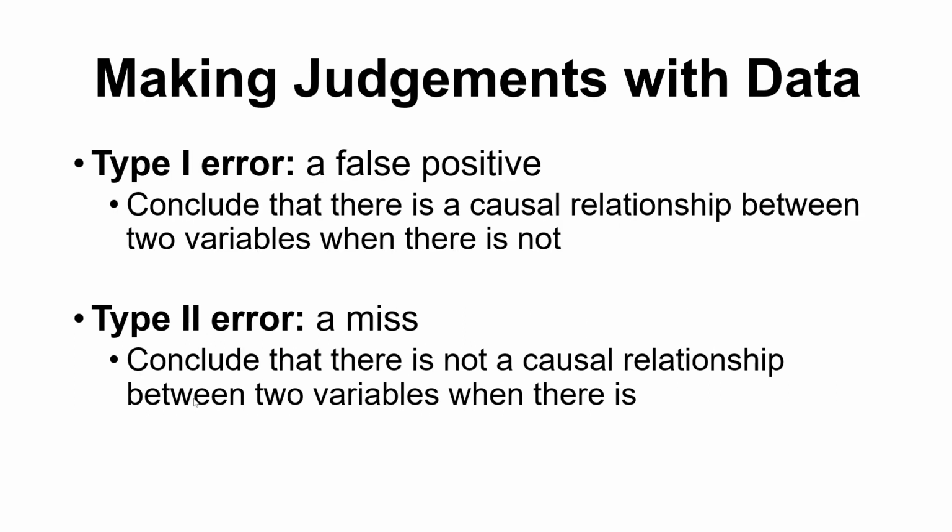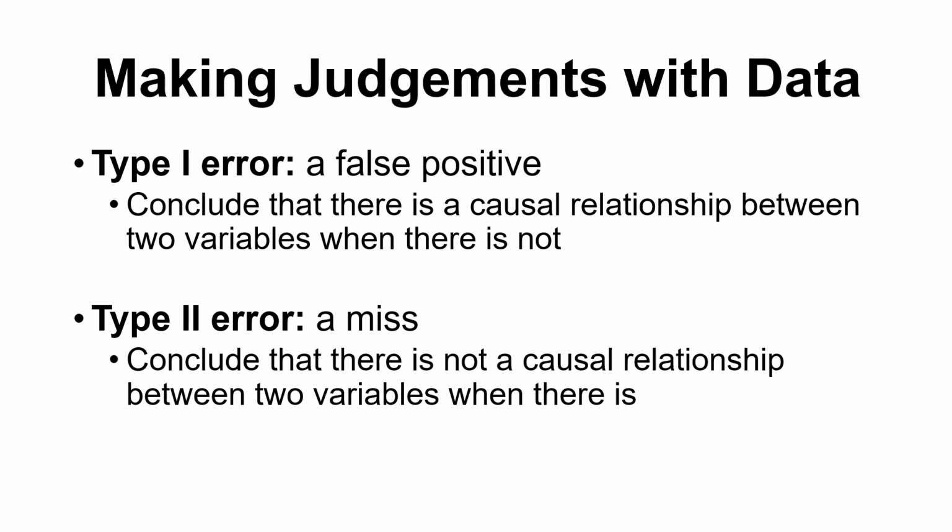Now, I did mention error momentarily. So we talked about that worry, where sometimes people will get concerned about maybe accidentally concluding that there is a relationship when there isn't a relationship present.